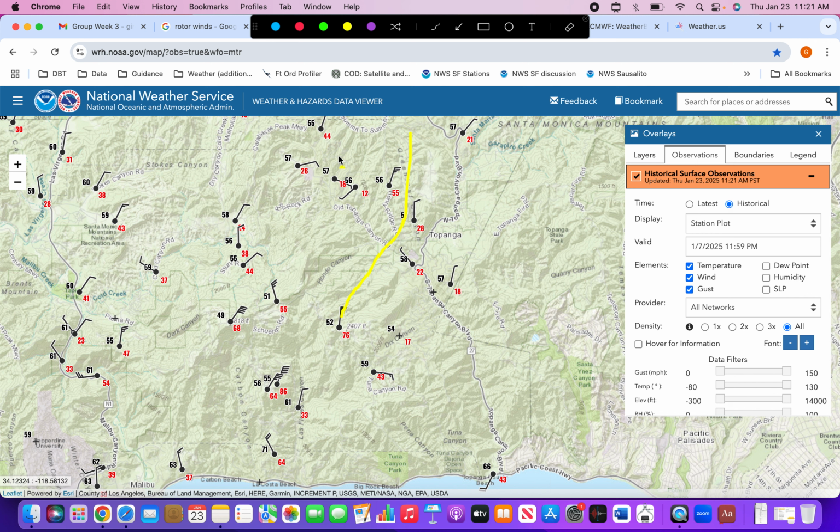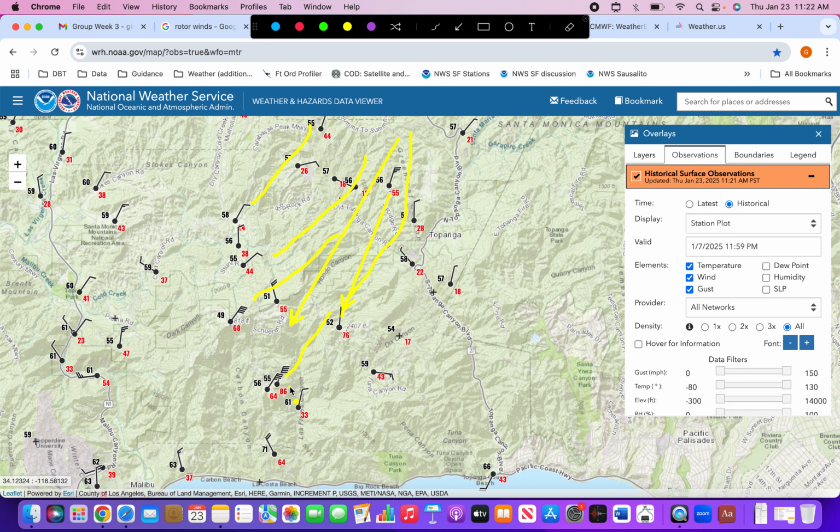Look at these canyons here. This is what caused these gusts. There are so many of these canyons and the wind funnels through them.